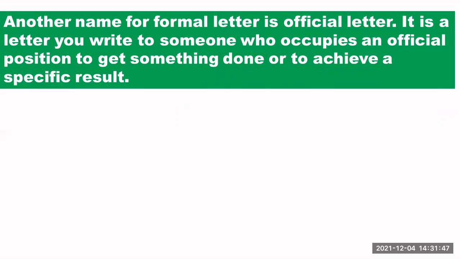If you write a letter to the Minister for Labor, Minister for Education, Commissioner for Agriculture, the Governor, the President, the Director of a government agency, the manager of a bank, the district manager of a transport corporation, and so on and so forth. Once you are writing to somebody who occupies an official position, you are writing a formal letter.